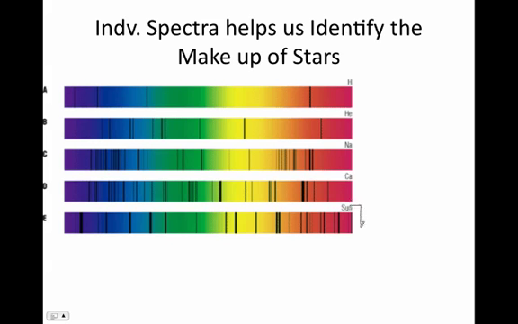Here's our sun. This is called an absorption spectrum, as opposed to the continuous colors of the rainbow, which is a continuous spectrum, or the other one is the bright line spectrum. So the black indicates that it's absorbed certain patterns, and therefore we can identify what's in our sun.